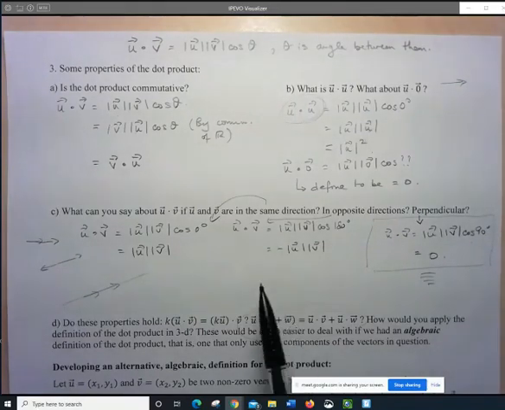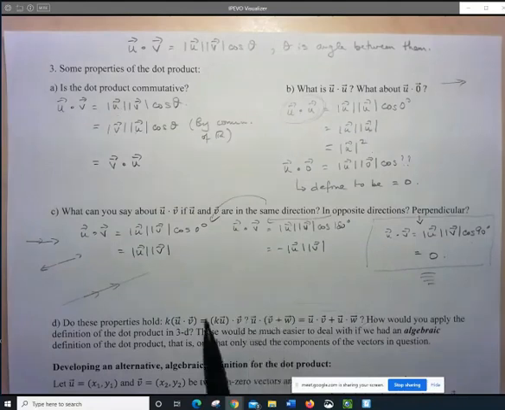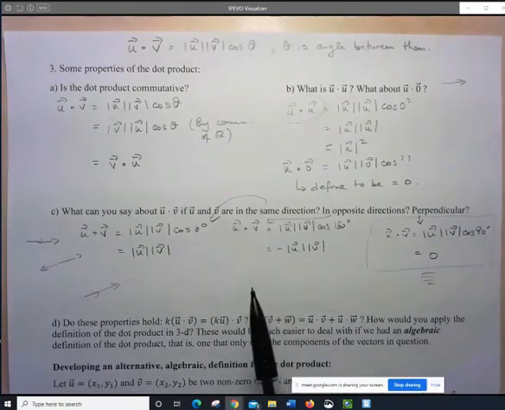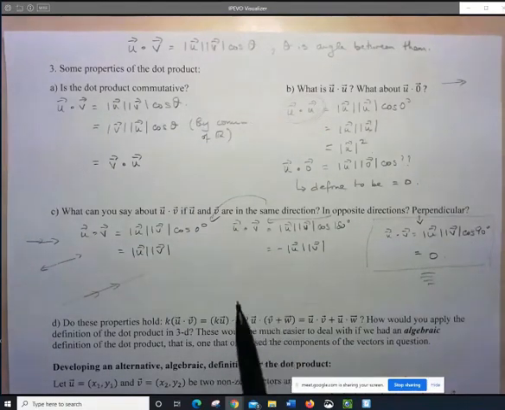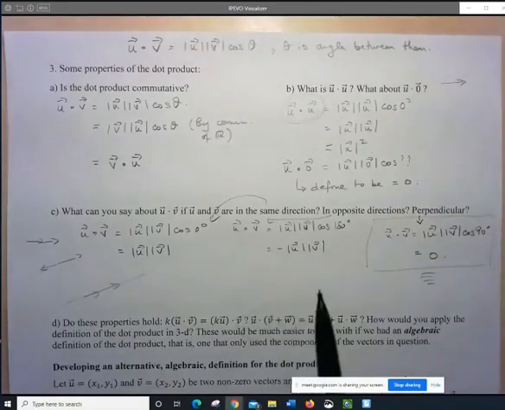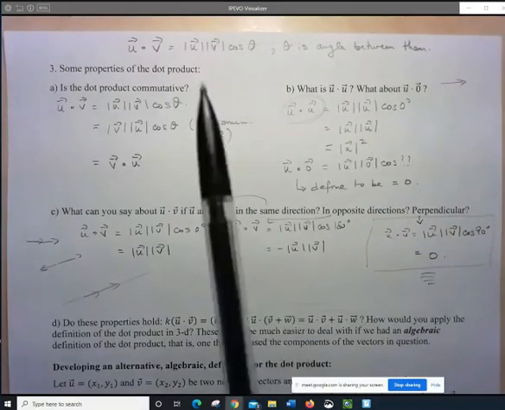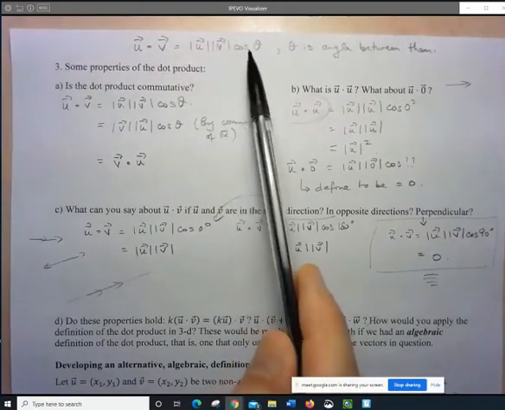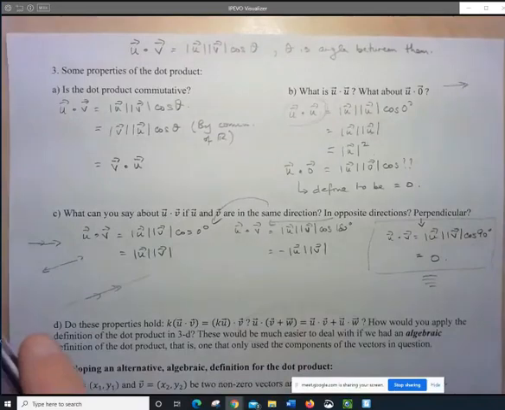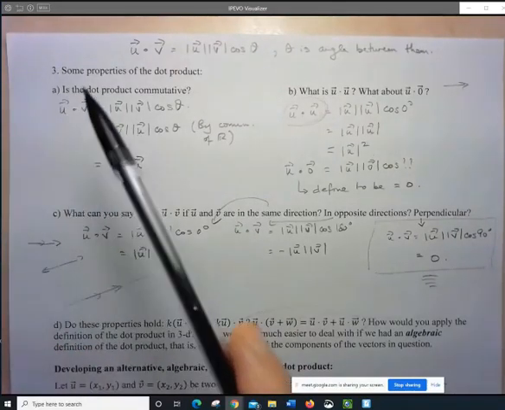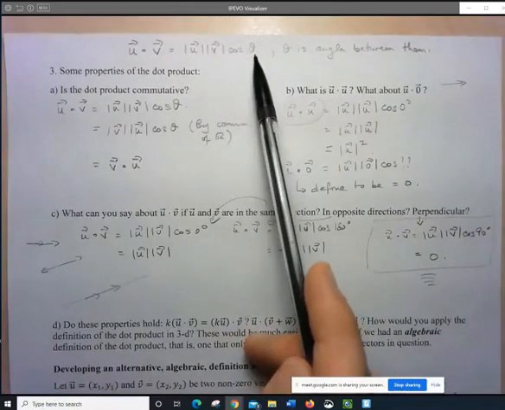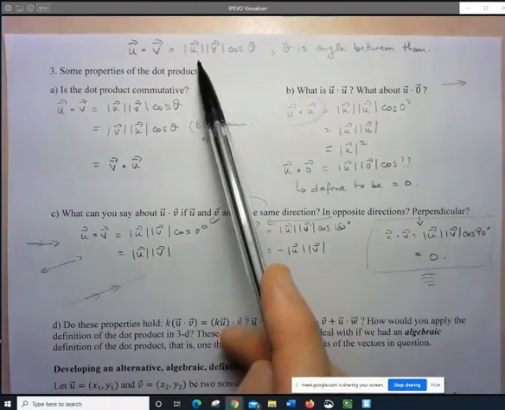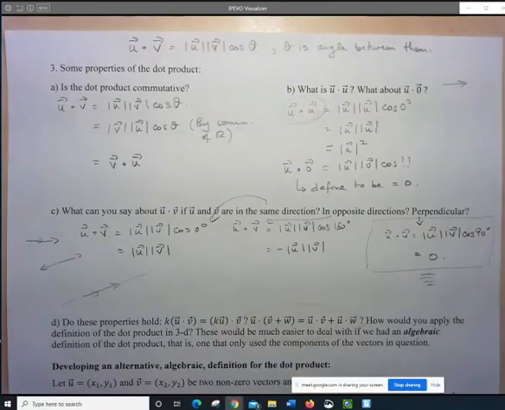So this is where I need to ask myself what we've been trying to get away from. One of the things we've been trying to get away from, especially when we got to 2D and 3D, is relying on the geometric definitions of vectors, okay? We've been trying to do the operations on vectors without knowing angles, without having to work with the magnitudes.